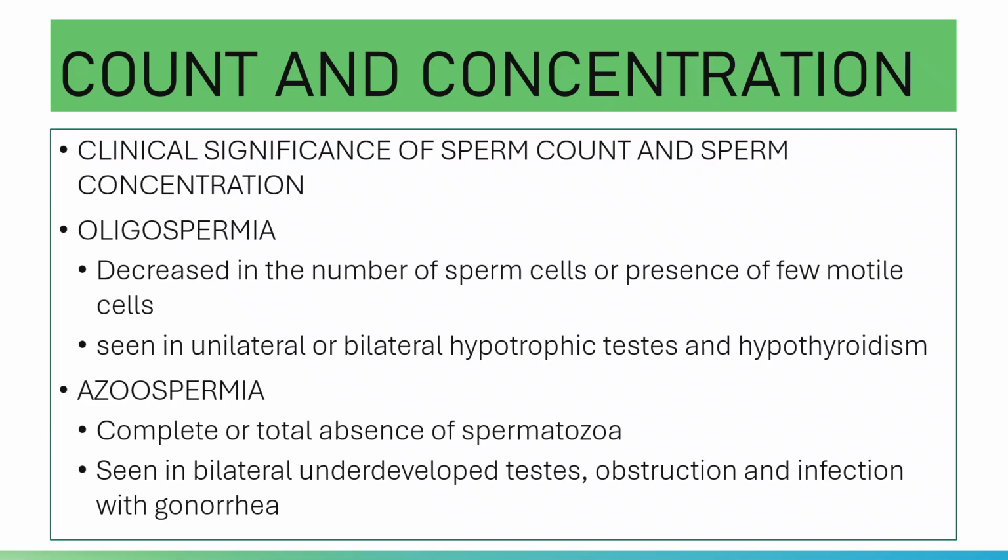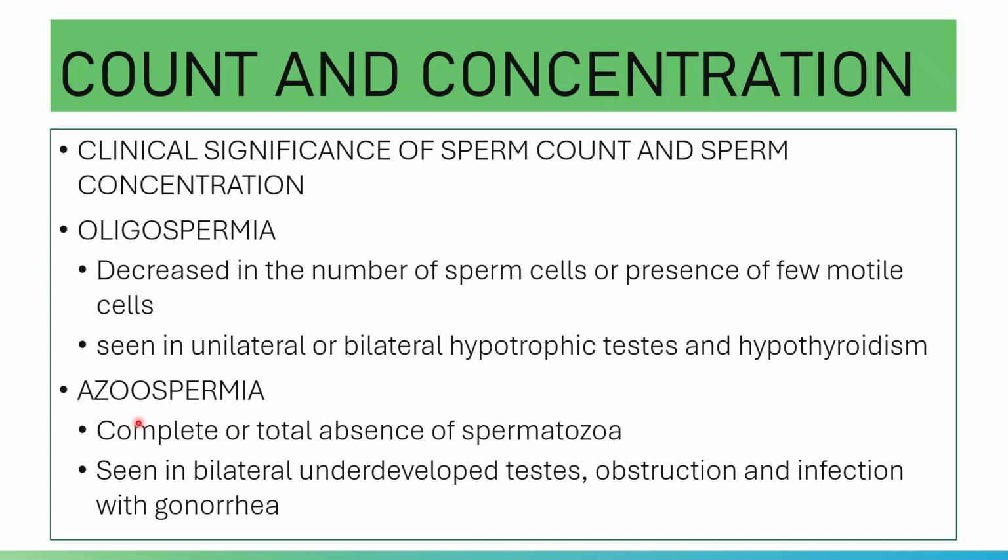So you have the clinical significance of sperm count and sperm concentration. Oligospermia is a decrease in the number of sperm cells, or the presence of few motile cells.